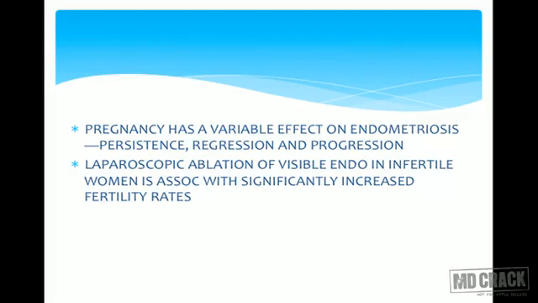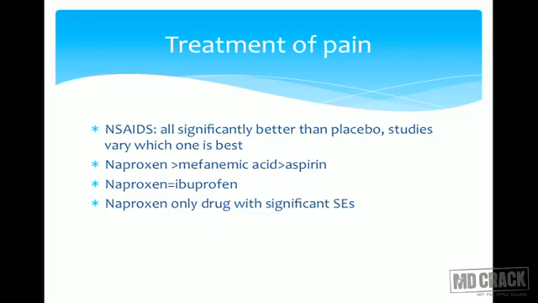Laparoscopic ablation of visible endometriosis in infertile women is associated with significantly increased fertility rates. So if the patient is having infertility, then laparoscopic fulguration of the lesions and then immediately going for fertility procedure are very important. IVF also plays a very important role in the treatment of endometriotic patients.